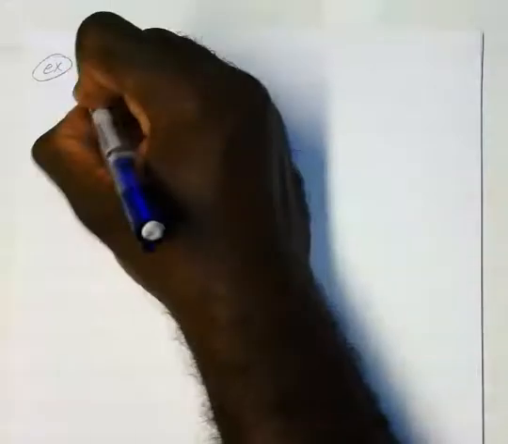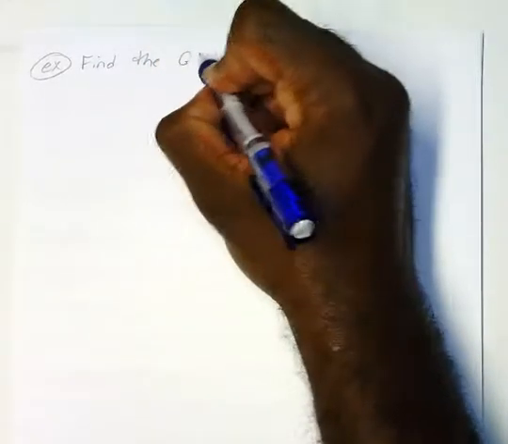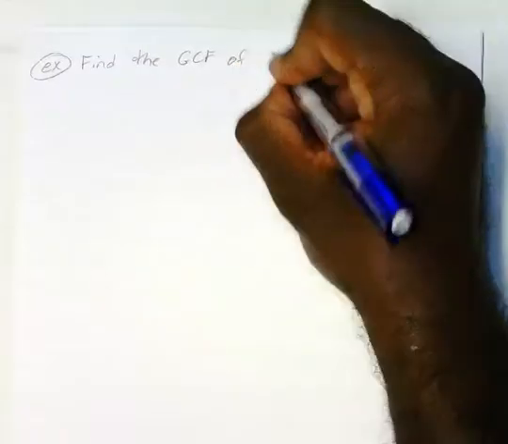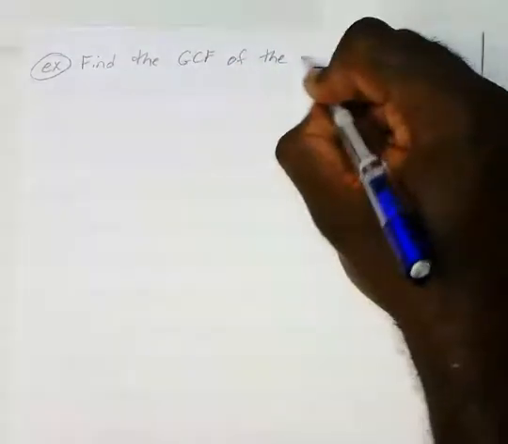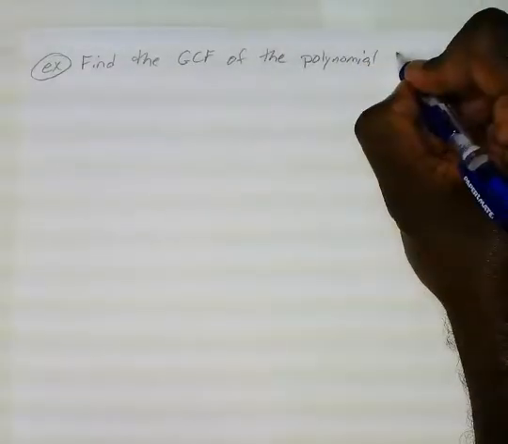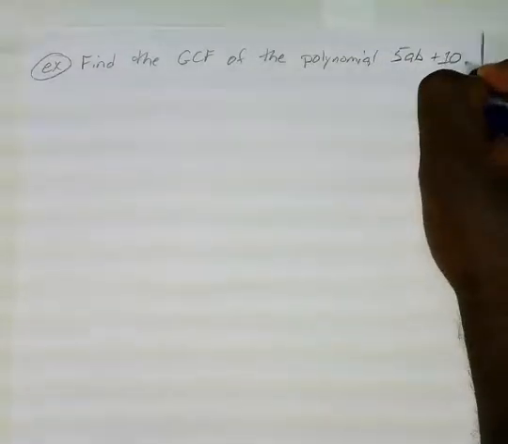Okay, so let's say, for example, find the greatest common factor of the polynomial 5ab plus 10a.